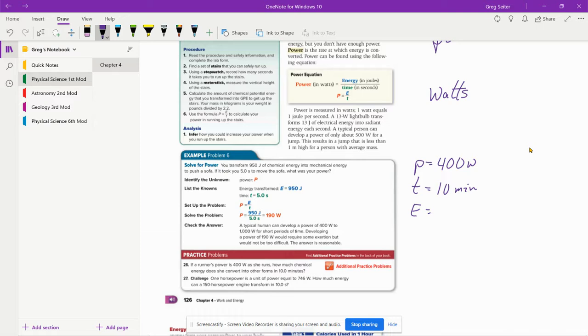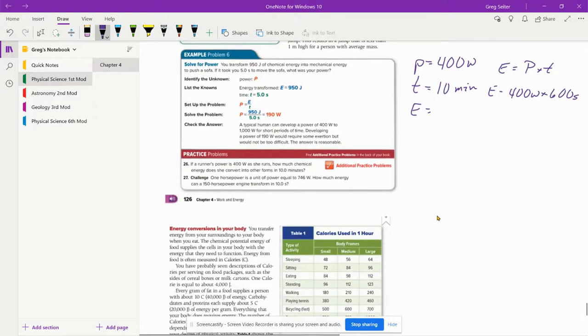First thing we would have to do is switch 10 minutes to seconds, which is 600 seconds. So energy is going to equal P times T, where P is 400 watts, times 600 seconds, and that would tell us how much energy is being used in joules, of course. All right, so that's the way we do that.